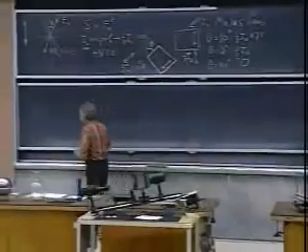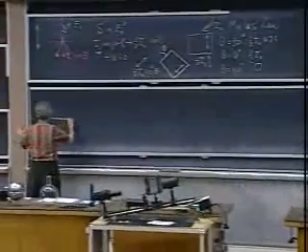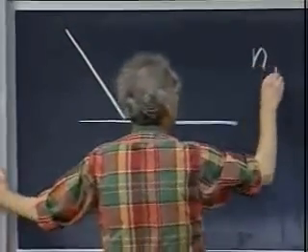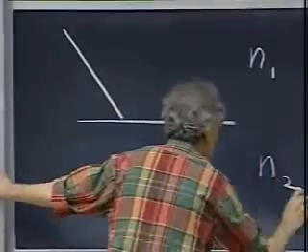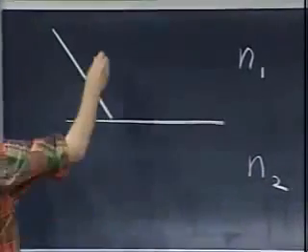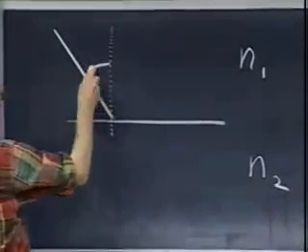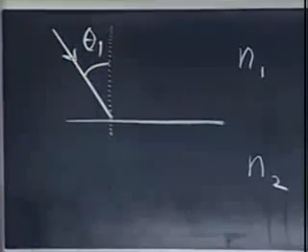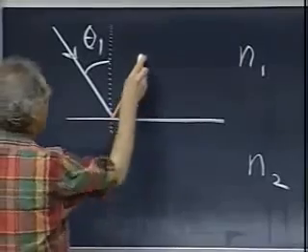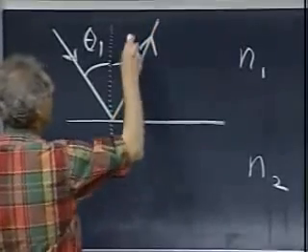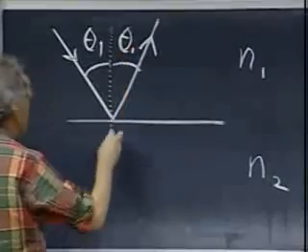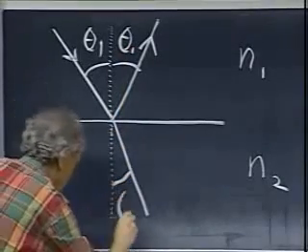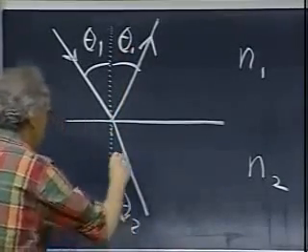Suppose I have unpolarized light coming in. Here, medium 1 index of refraction N1, medium 2 index of refraction N2. It's coming in at an incident angle of theta 1. It's unpolarized. Some of it is reflected, and this angle is also theta 1 as we discussed earlier, and some of it is refracted into this medium, and this angle we'll call theta 2.